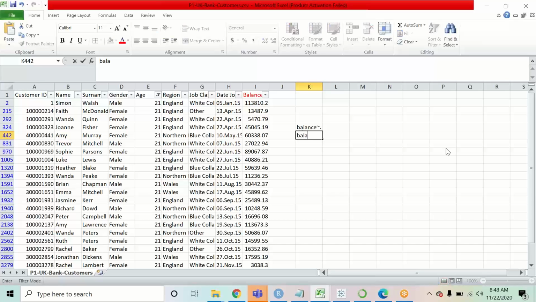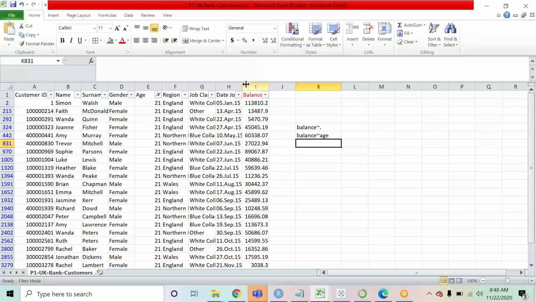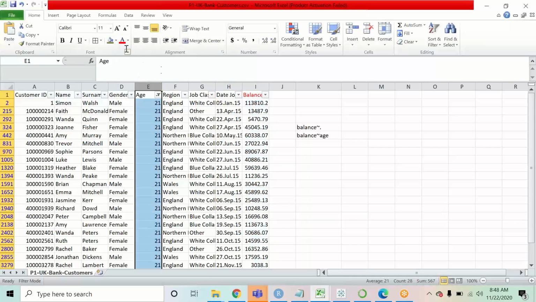If I write balance is dependent on, suppose I say age. Okay, now in that case, what the model will do is it will just use this variable and this variable in order to create the equation. It will not use other variables.